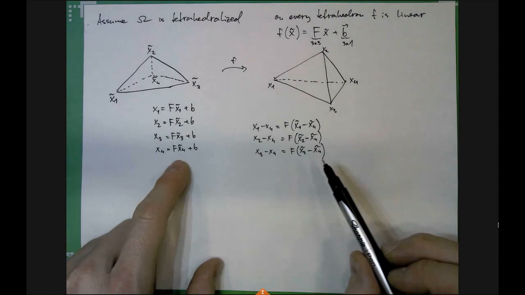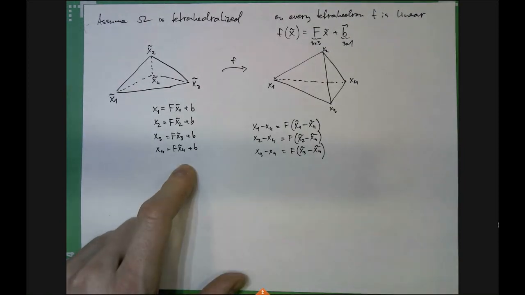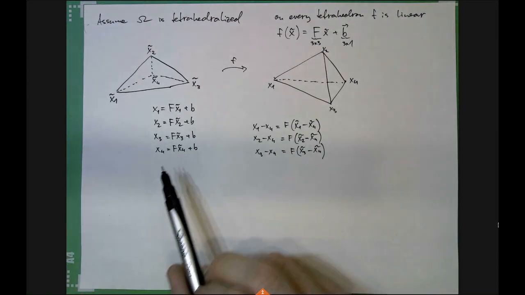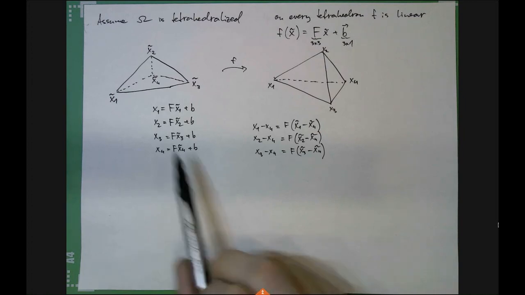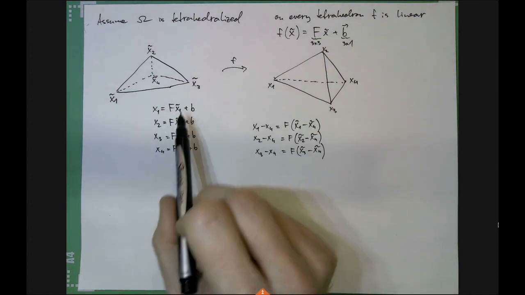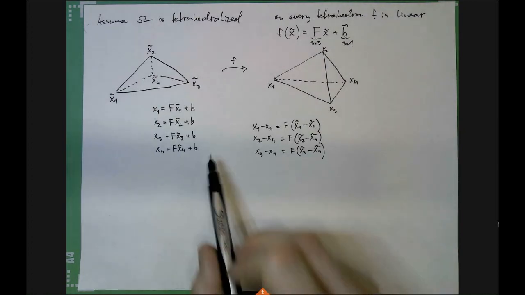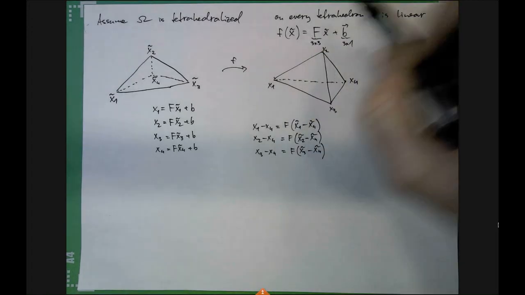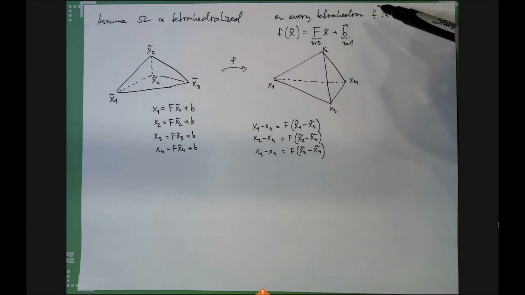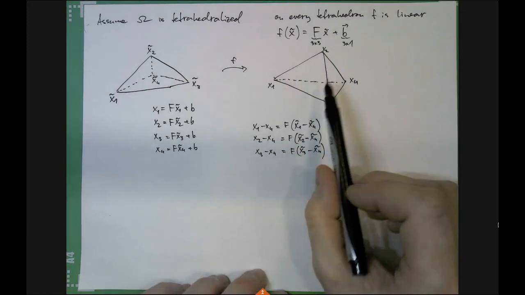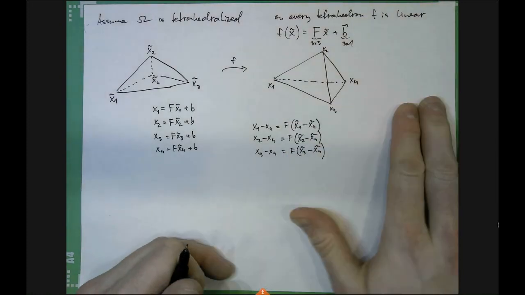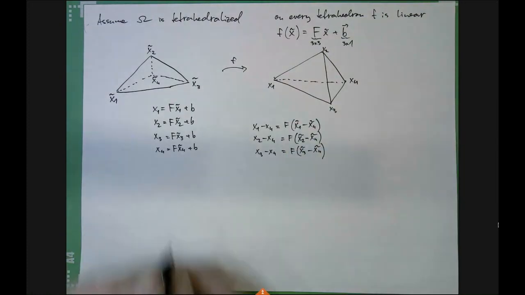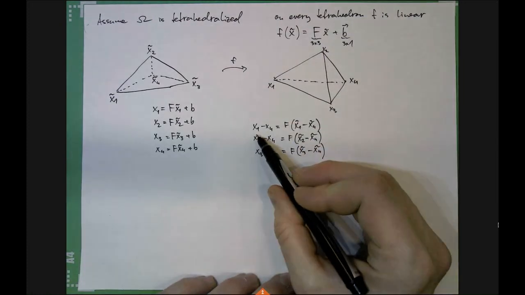So notice an interesting thing, the b disappeared, right? That's exactly the reason why I was subtracting it, because if I take this equation, subtract this equation, this b minus b falls out. So that's sort of the point of the deformation gradient, that the translation disappears. Doesn't matter at all if this tetrahedron is here or over there, because essentially all we are looking at is x1 minus x4.